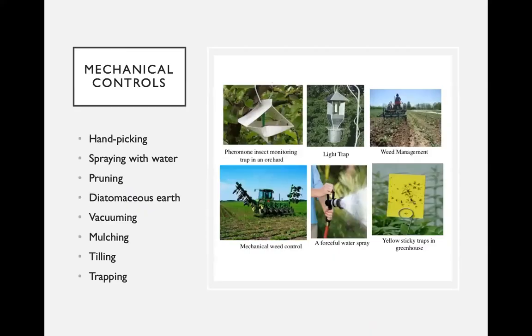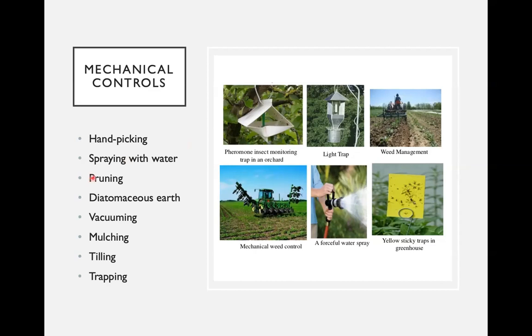So mechanical controls, let's look at some examples and maybe it'll be a little bit clearer. Again, we're doing things to remove the insects or kill them or trap them. This could be as easy as hand picking, so removing insects, removing eggs by hand, or pruning or pinching off diseased plant parts to suppress the spread of a plant disease or pathogen. A forceful spray of water is really effective and can help dislodge insects, especially aphids, from the undersides of foliage.